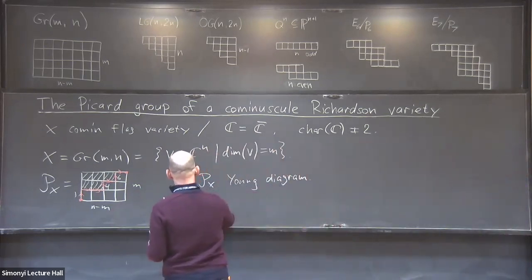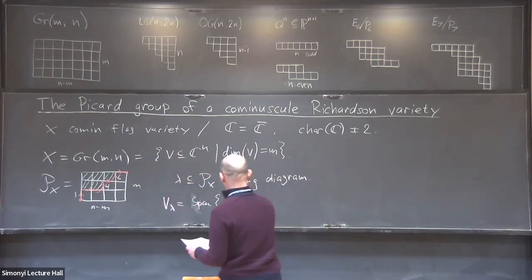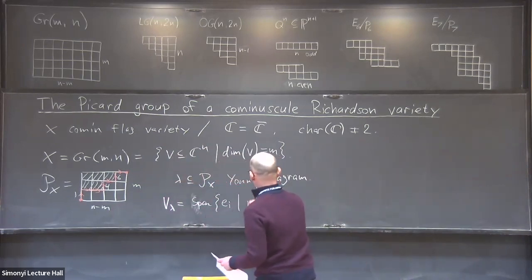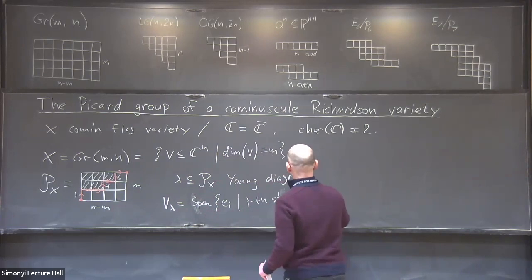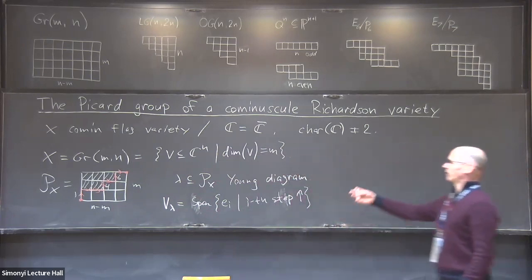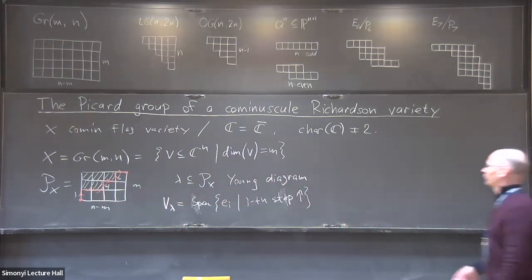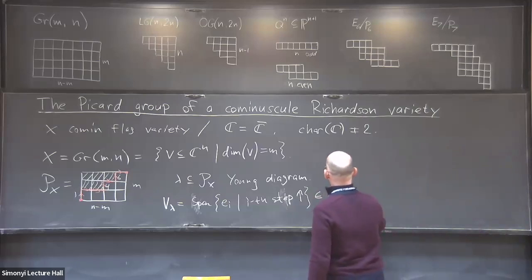It's just the span of the basis vectors e_i, for which the ith step of this path goes up. Right, so there are exactly m steps up. So this is just a point of the Grassmannian.